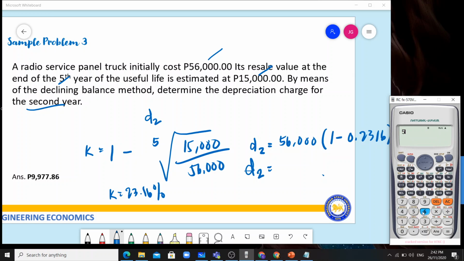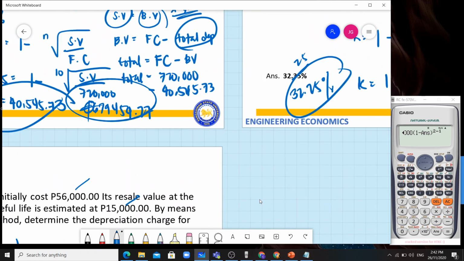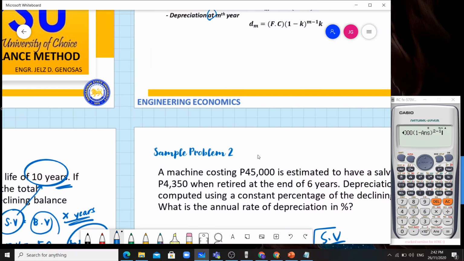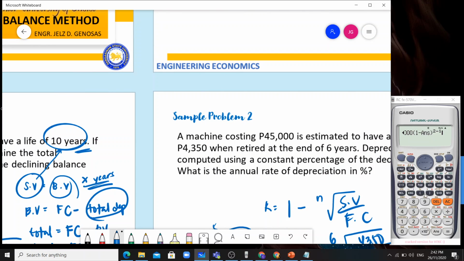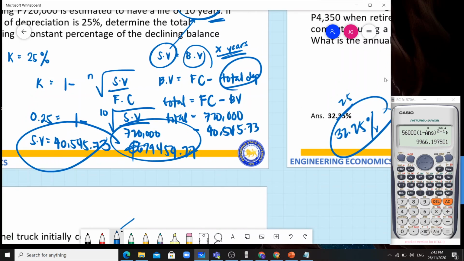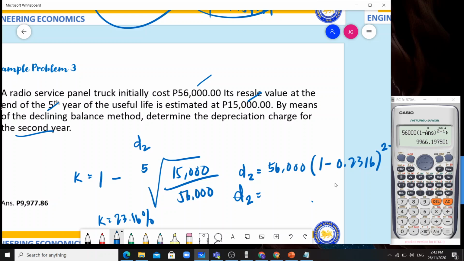So, 56,000 times 1 minus the answer, raised to 2 minus 1, times K. Let's see if the formula is right. Yeah, K, answer. So, that is 9,966.20. Okay, 9,966.20. So, this is the final answer.